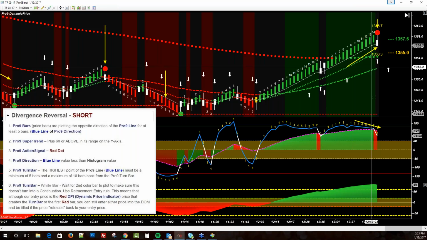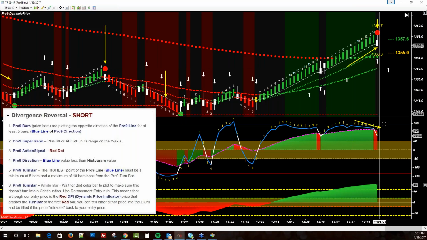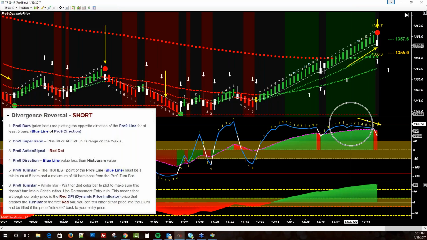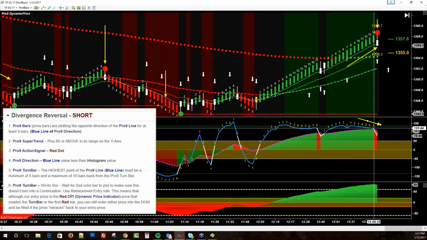The easiest way, I think, to look at this rule, since we're also looking for our blue line to be on the correct side of the histogram, is that you'll often see these numbers start counting sequentially, and this lets you know that the blue line is moving in the opposite direction of the current trend.